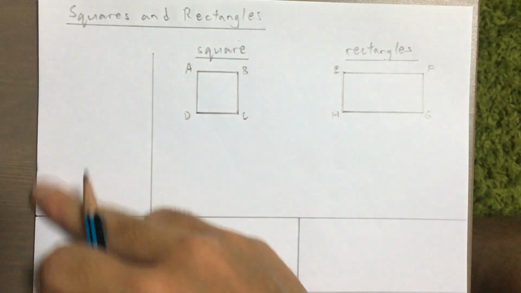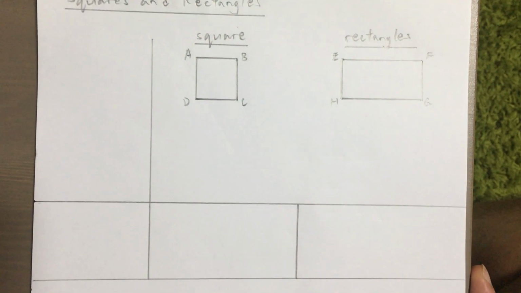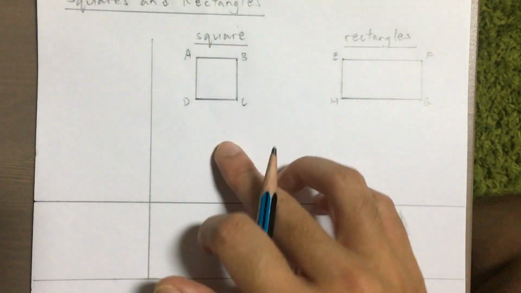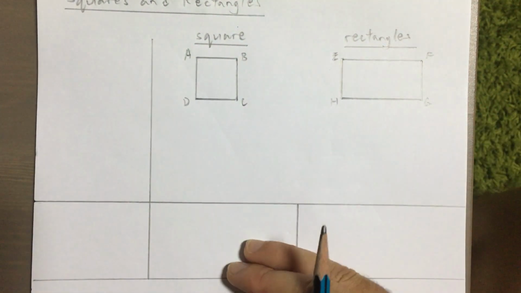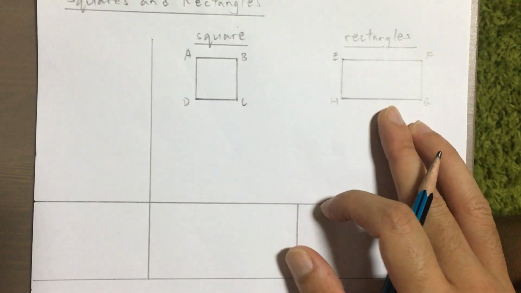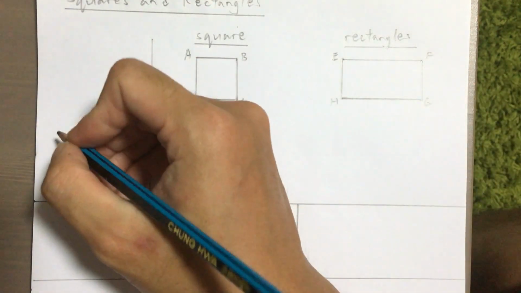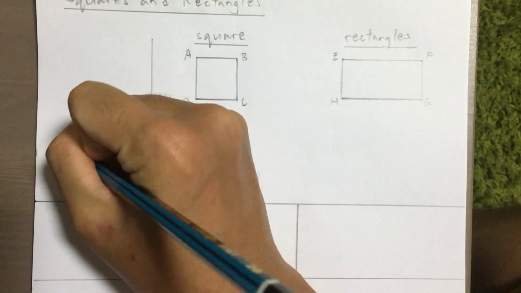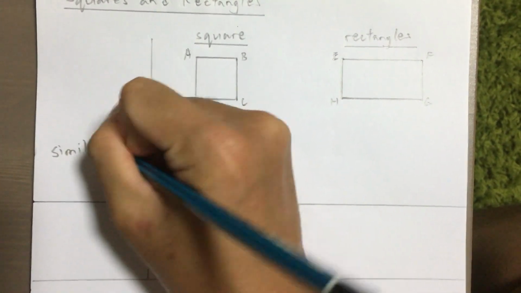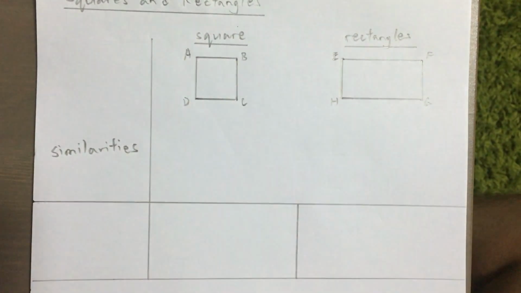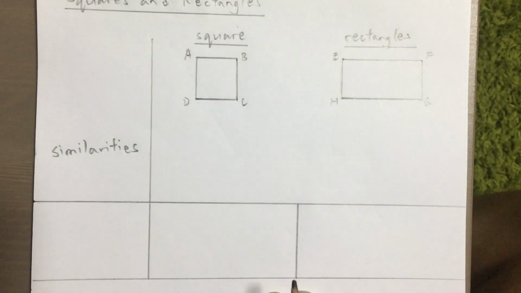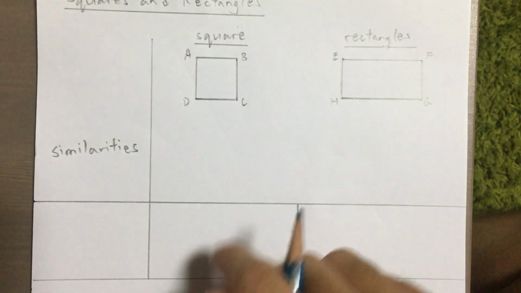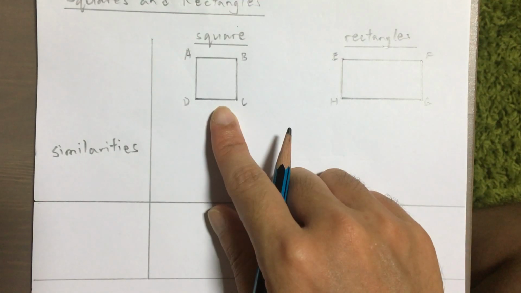You see this table here. Basically, it's a table I'm going to use to tell you the differences and the similarities between a square and a rectangle. Let's start with the similarities first. Similarities means things that are the same between a square and a rectangle. First, just by looking, how many sides does a square have?